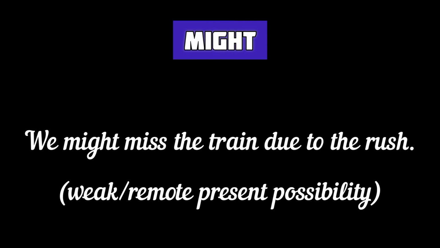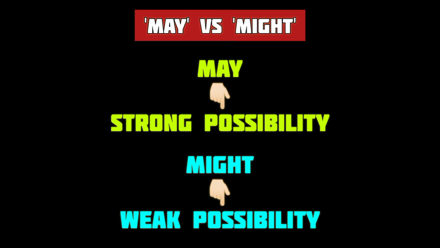Here, might is not indicating a strong possibility of missing the train due to the rush, but at least some possibility of doing so. So now it's quite clear, isn't it, that while may shows a strong present possibility, might shows a weak or less present possibility of an activity.